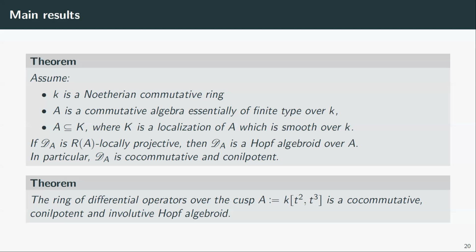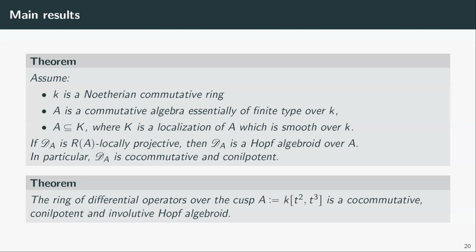Those are the Hopf algebroids which are conilpotent, and such that the conilpotent filtration is such that when we take the associated graded, all the components are projective.